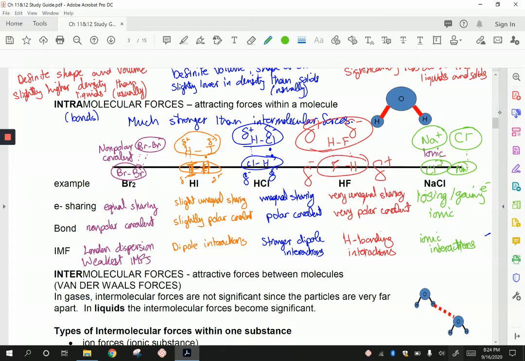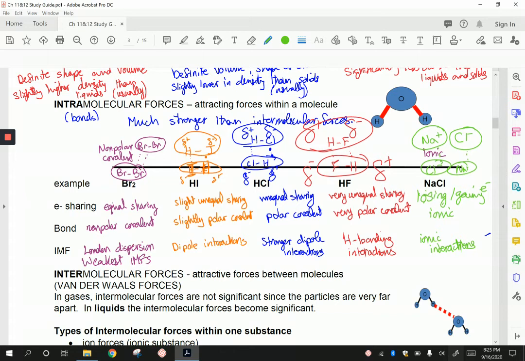Or whether it's with these partial positives and negatives. So you see like no charges whatsoever, not even partial. Then you get a small partial charge, a little bit bigger partial charge, bigger partial charge, and then extreme large charge that it's a full positive and a full negative here. So again, it's a continuum when it comes to these positive and negative charges.